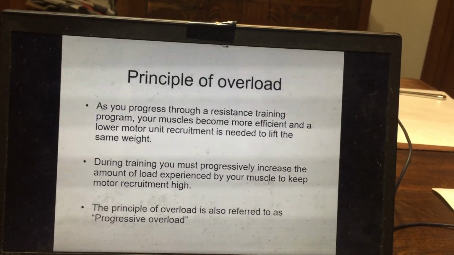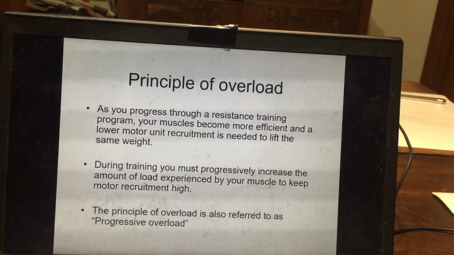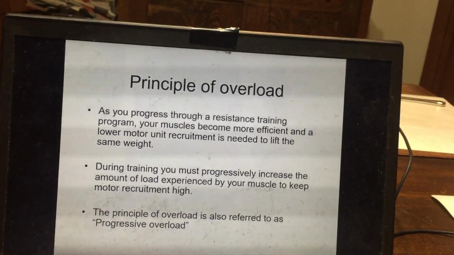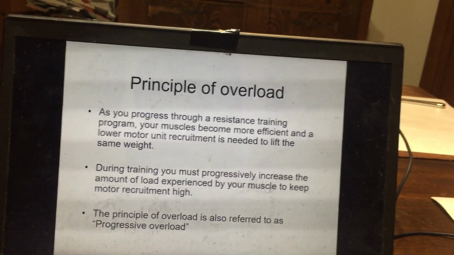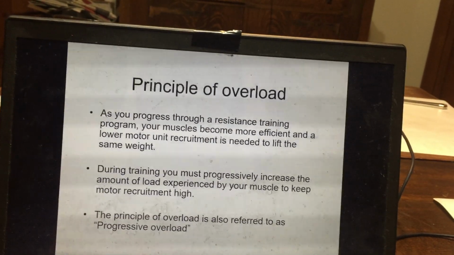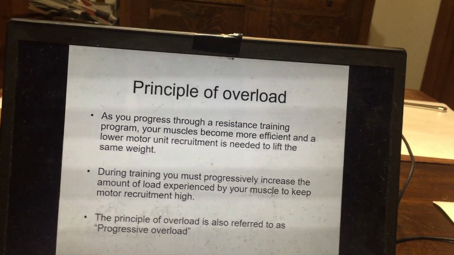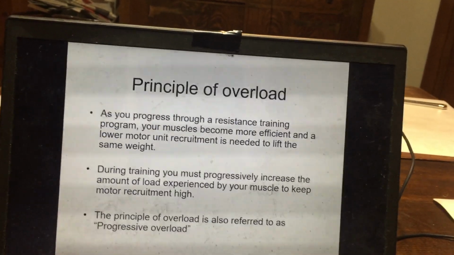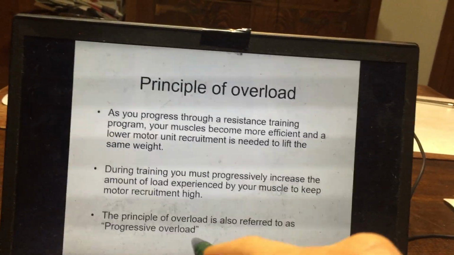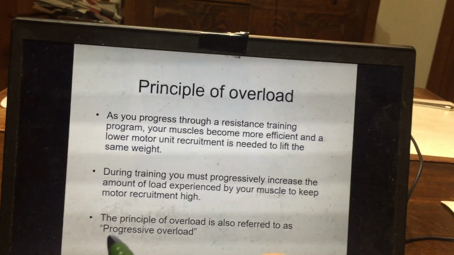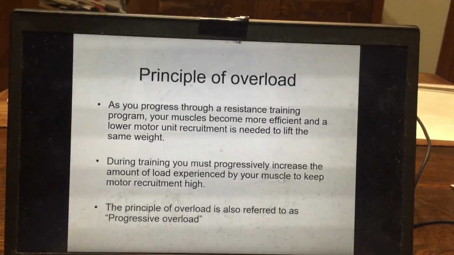As you progress through a resistance training program, your muscles become more efficient and a lower motor unit recruitment is needed to lift the same weight. So you have to progressively increase the difficulty of the weightlifting session, increasing the amount of load experienced by your muscle to keep motor unit recruitment high. This principle is also referred to as progressive overload because you do this slowly and progressively from one training session to another.